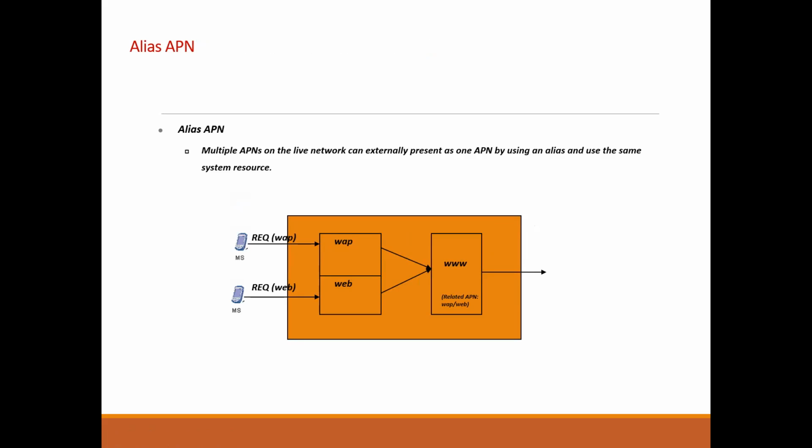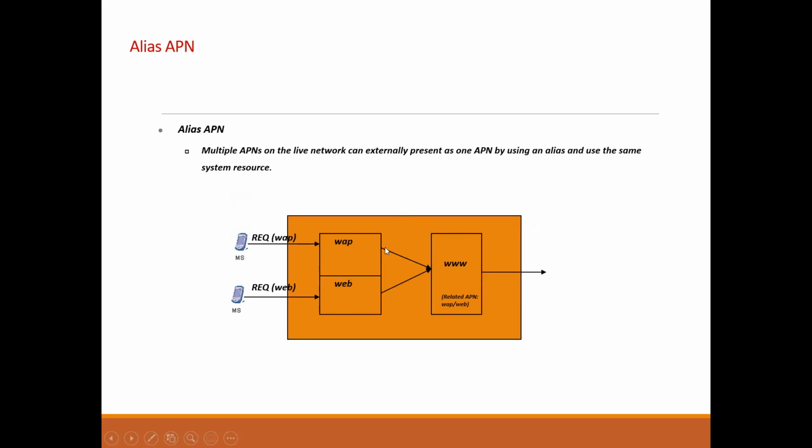Okay. Alias APN is basically the opposite of your virtual APN. What alias APN does is that users that are bringing in different APNs are mapped onto a single APN. So maybe I'm bringing an APN internet, Hassan is bringing an APN web, a third guy is bringing an APN web.